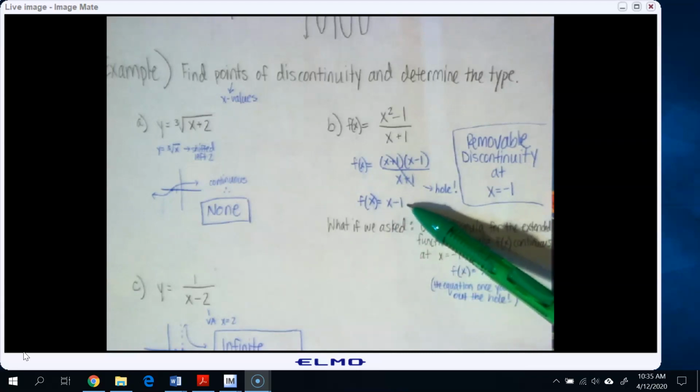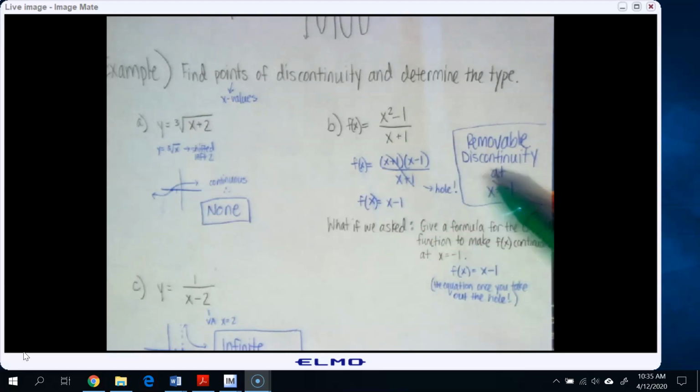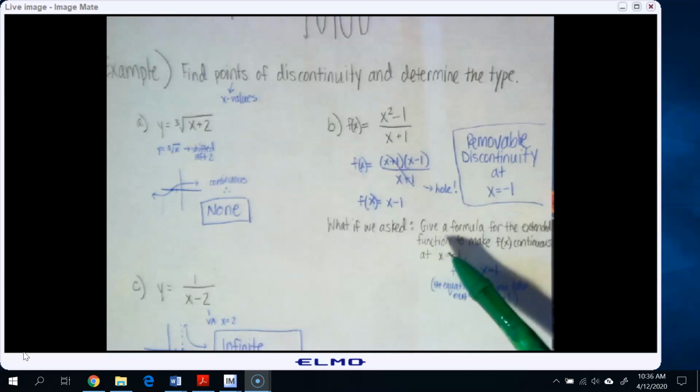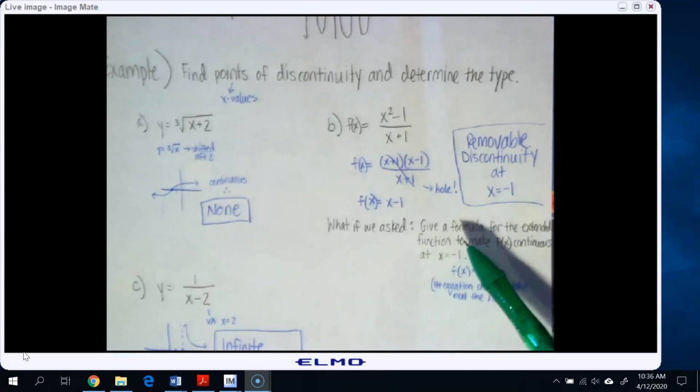Right? So if I needed to know where it's continuous, I'd say it's continuous from negative infinity to -1, and then from -1 to infinity, it's just not continuous at x equals -1. Right? You'll see in your homework, sometimes we then ask you to give a formula for the extended function to make it continuous. If it's a removable discontinuity, to make it continuous, you literally just remove that discontinuity.